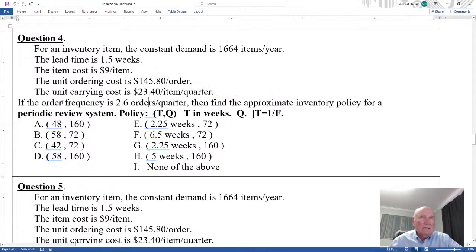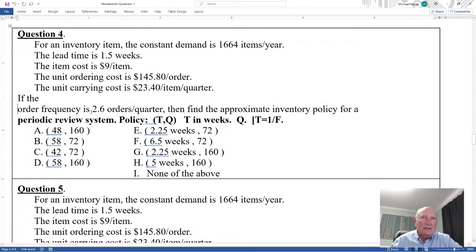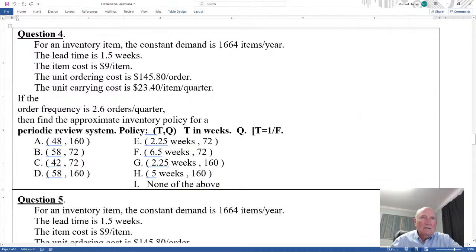But the order frequency is in quarters. We need T in weeks, so you have to transform it. How do you transform quarters to weeks?